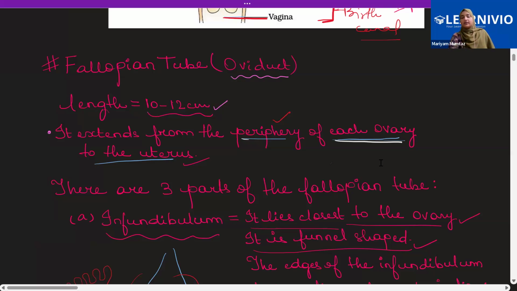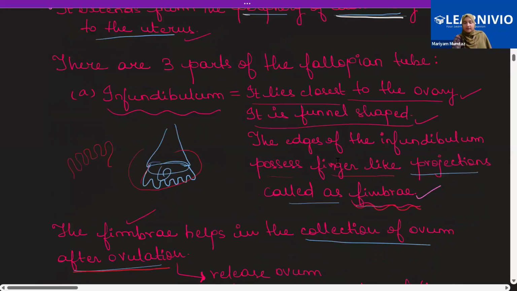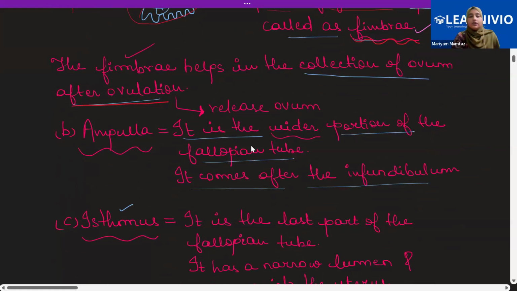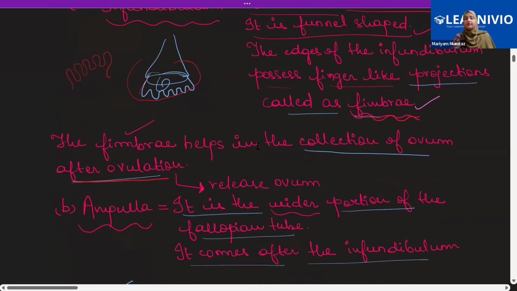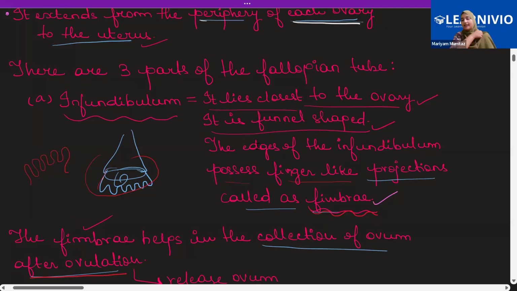Now, when we talk about the fallopian tube, it is made up of three parts: infundibulum, ampulla, and isthmus. The infundibulum is the part very close to the ovary, and it is funnel shaped.